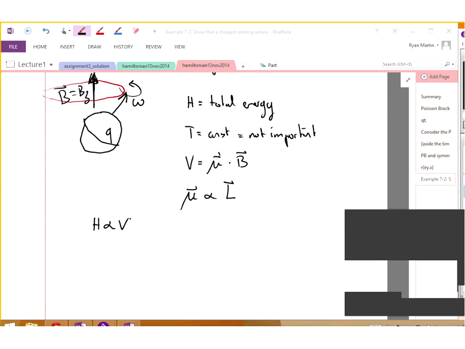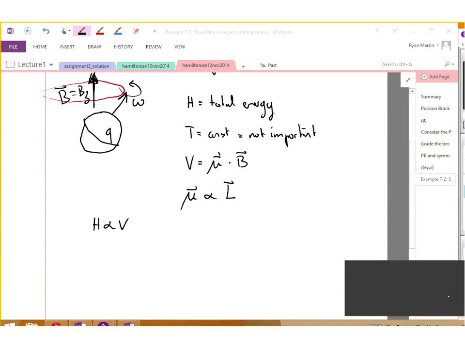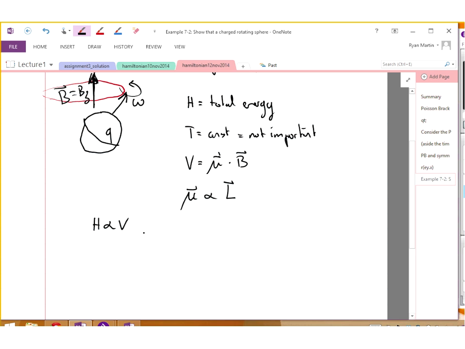So H is proportional to V, because we don't care about the T. And that's proportional to L dot B. And that's going to be proportional to the speed of the top, omega, times Bz.